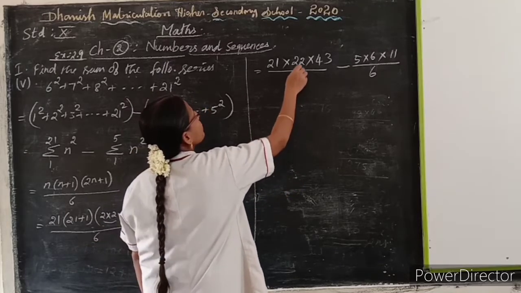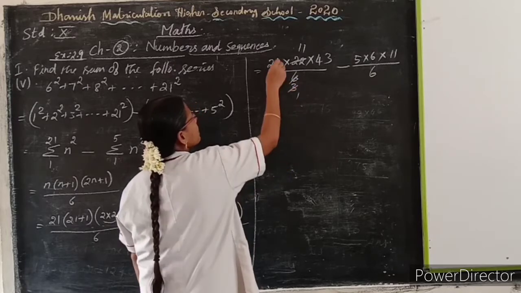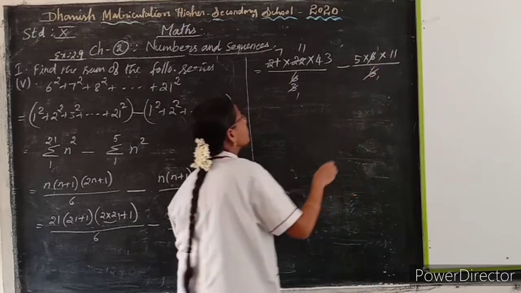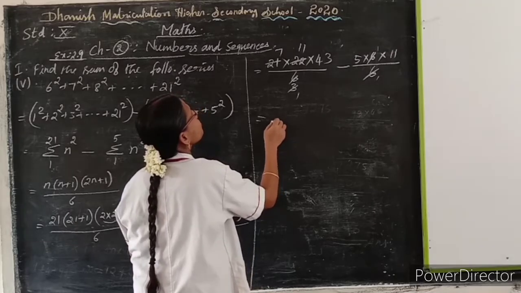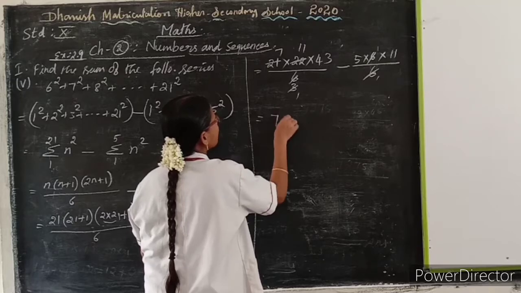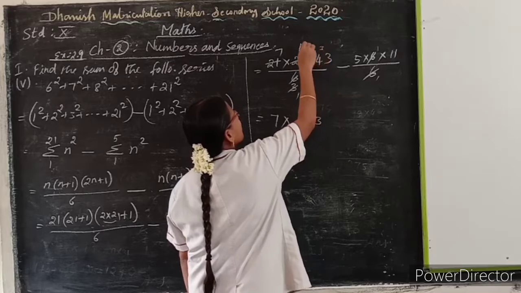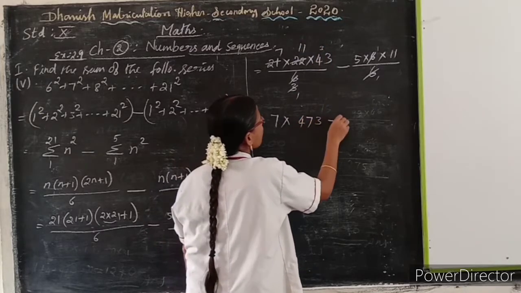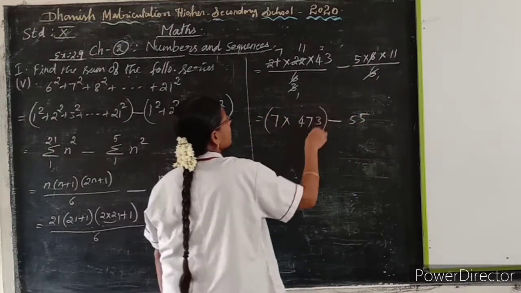Now cancel by 2 table, 2 11s are 22, 2 3s are 6. Now by 3 table, 3 1 times, 3 7 times. Here 6 6 we cancel. Multiply the remaining terms: 7 into 11 into 43. 11 3s are 33, 11 4s are 44, 44 plus 3 is 47, minus 5 11s are 55.